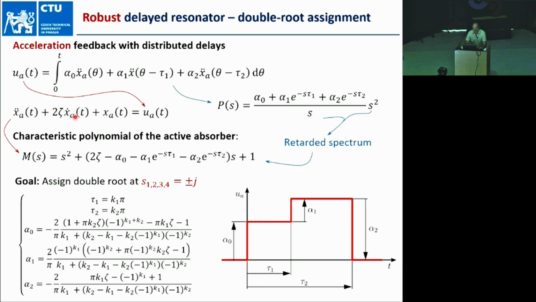So for this type of general system, we design this type of distributed feedback. You see that again we take the measurements from acceleration, and here is the impulse response. So it's a nice FIR filter. We like to call it the distributed delay.